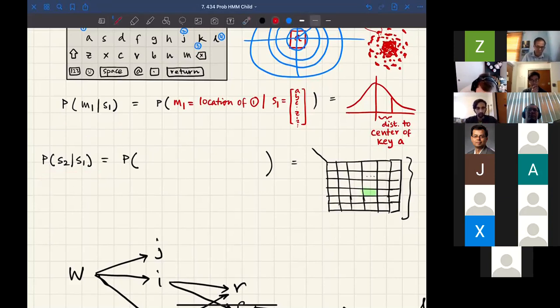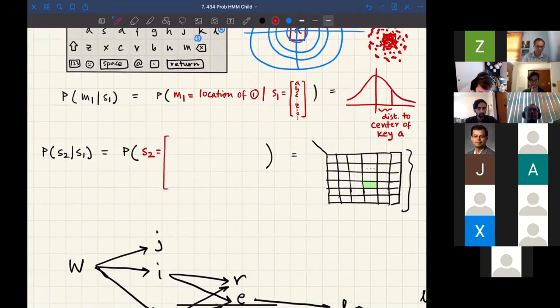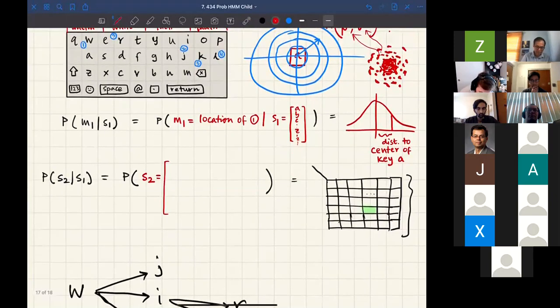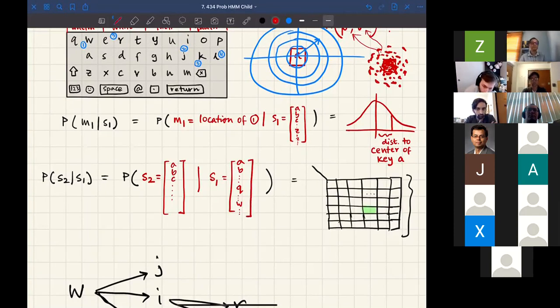So this P(S2 given S1), where S2 is A, B, C, D all the way, given S1 equals A, B, but this one is likely Q, W, all the way.